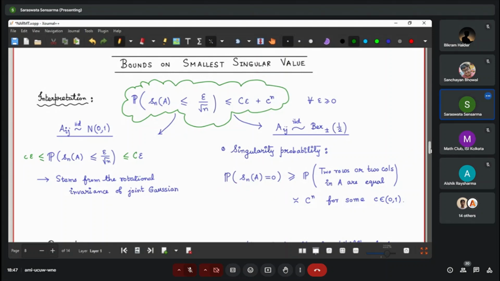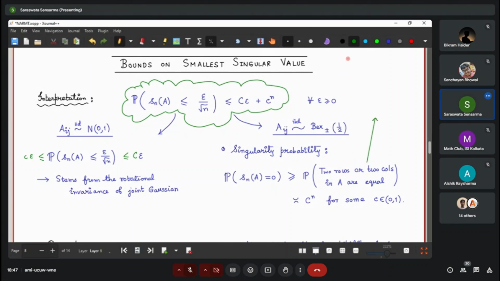The probability of singularity is at least the probability that two rows or two columns in A are equal, or they are plus or minus one of each other. If you compute that, you can show this probability is okay. Let's do it.